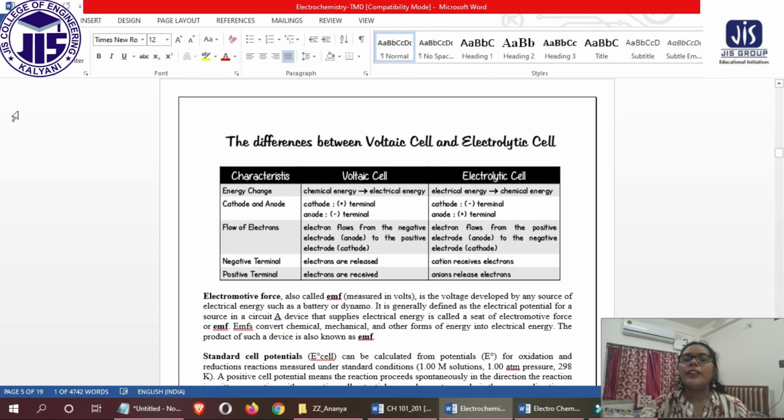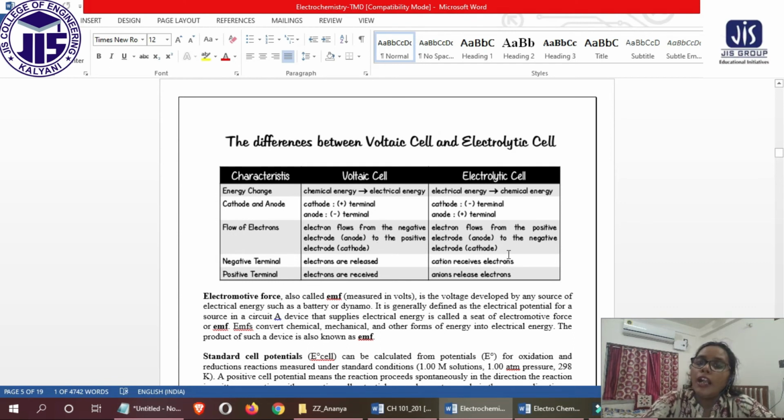Now, cathode and anode. For the voltaic cell, the cathode is the positive terminal and the anode is the negative terminal, and for the electrolytic cell the assumption is just the opposite, that is, the cathode is the negative terminal and the anode is the positive terminal. Flow of electrons: in the voltaic cell, electrons flow from the negative electrode to the positive electrode, that means from the anode to the cathode.